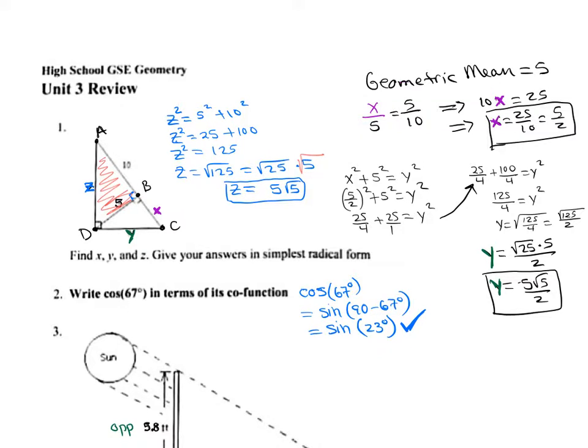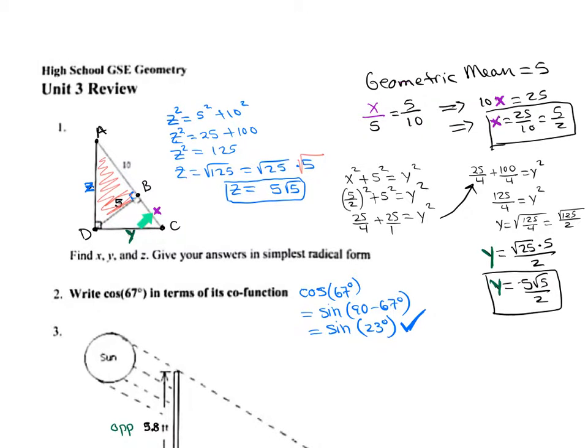Now to find x, we have this small triangle here, another triangle here, this medium triangle, and then we have the big triangle. Well, 5 is this altitude right here, and it's also called the geometric mean. What that means is that we can set up a ratio that says x over 5 equals 5 over 10.